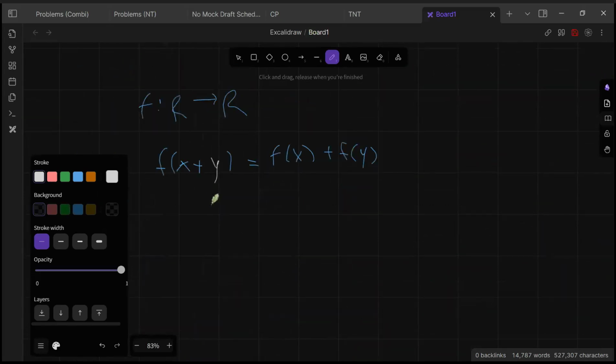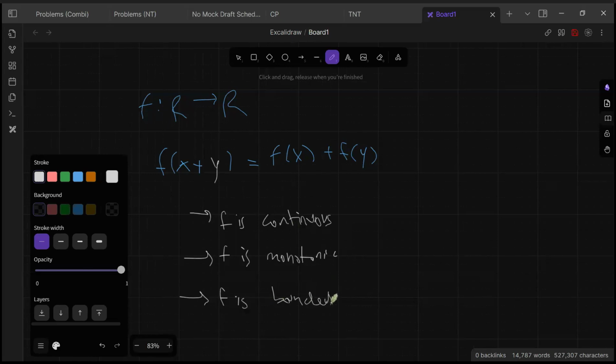Those conditions are: f is continuous, or f is monotonic. I'll explain what these terms mean in a second. These are not the only conditions; you can have some variations of these as well. Continuous, monotonic, bounded. So I'll explain what these mean.